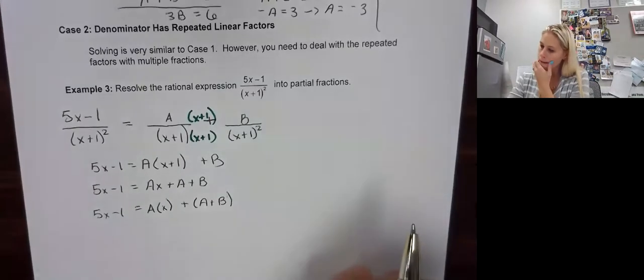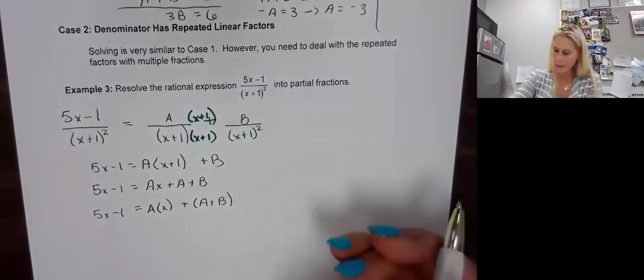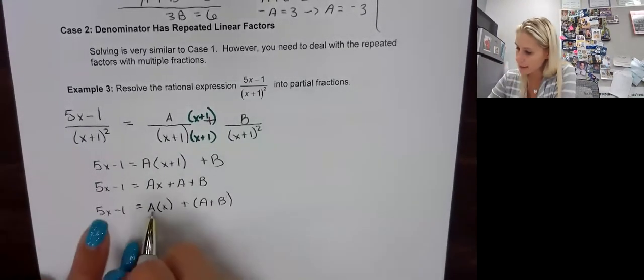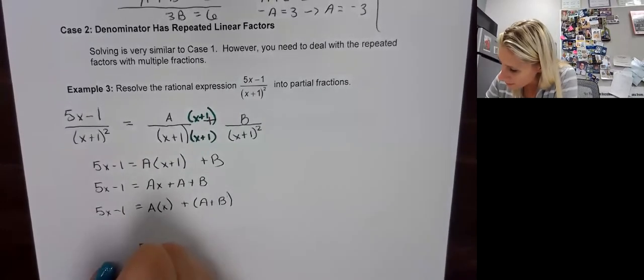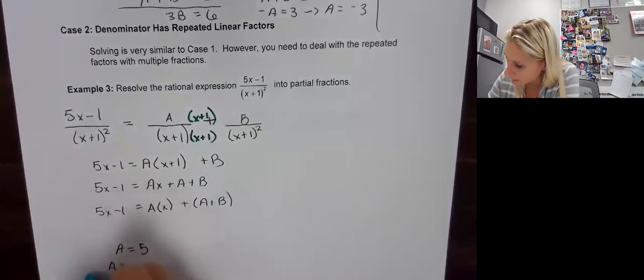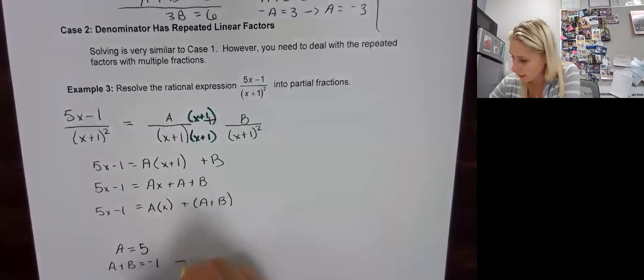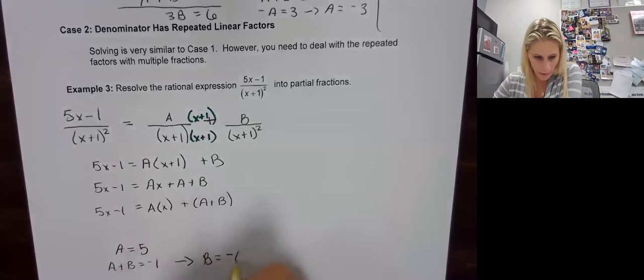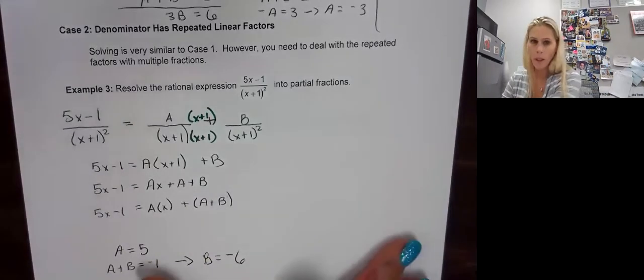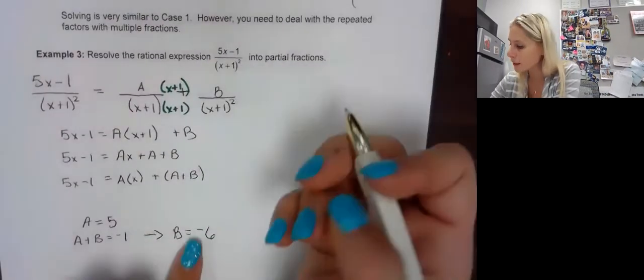Okay. So a is 5. That's nice because a is 5, right? And then a plus b equals -1. Well, if I plug that in, that must mean that b is -6. Okay, that one was a little bit easier.